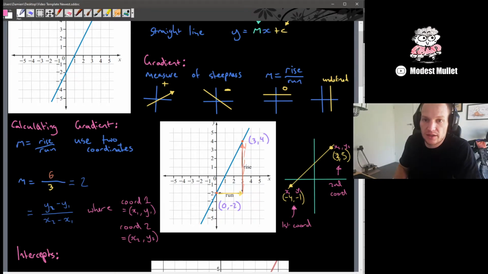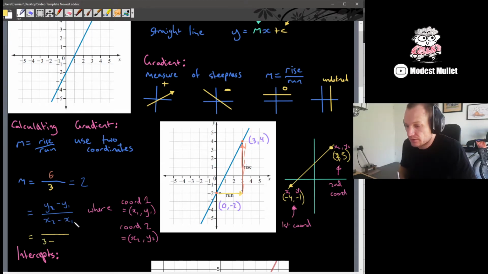So using that, let's do a quick substitution. So x2, first I have a 3. Take away x1. So our x coordinate of our first coordinate is -4.